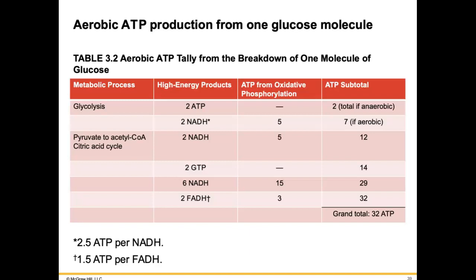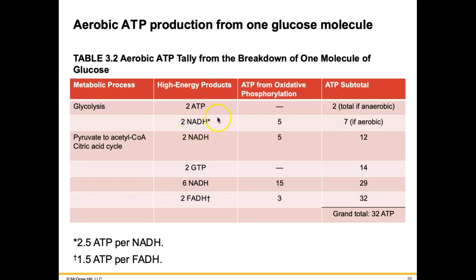one molecule of glucose. So within the process of glycolysis, we saw that we were going to have a net gain of 2 ATP. Remember that this is actually going to be 3 ATP if we start off with glycogen, but we will just assume that we're using glucose in this example.